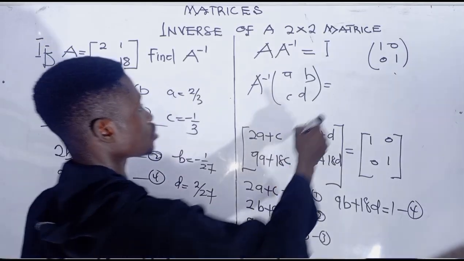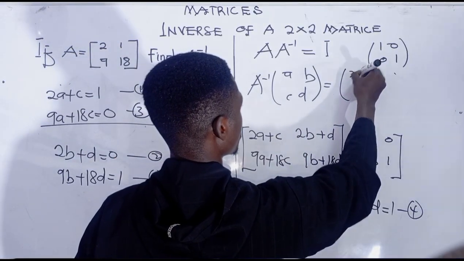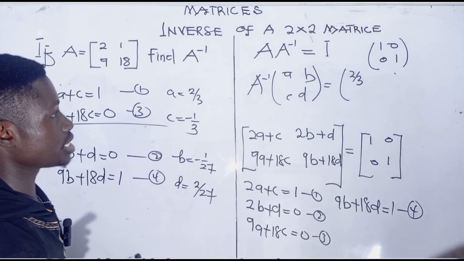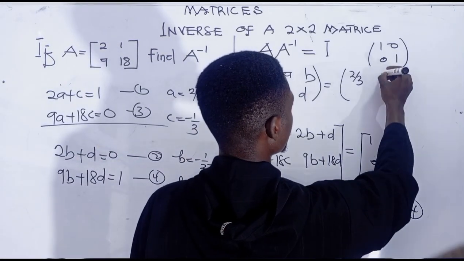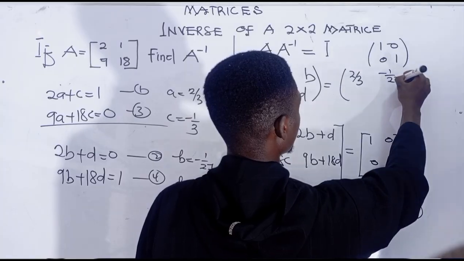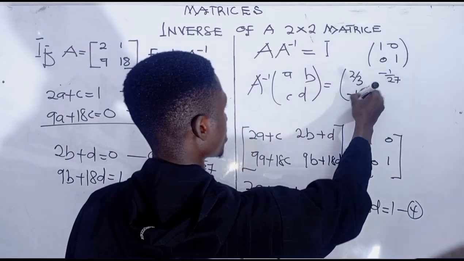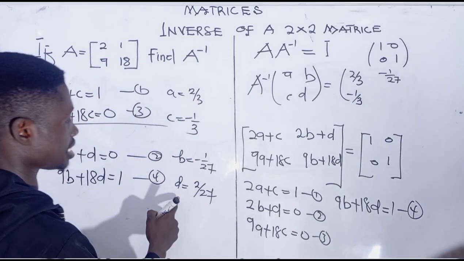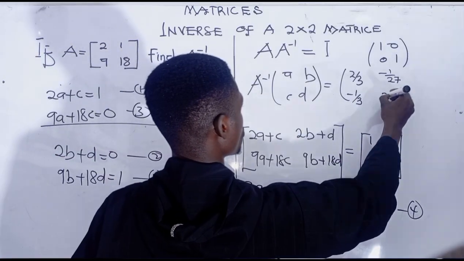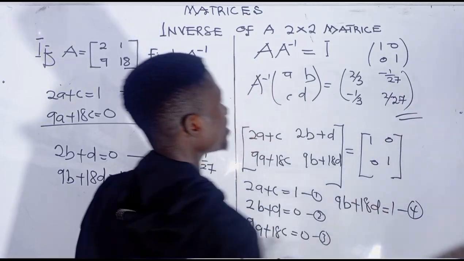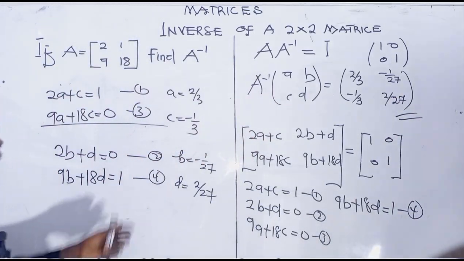So we have A to be 2/3, B to be -1/27, C to be -1/3, and D to be 2/27. And this is the inverse of matrix A.